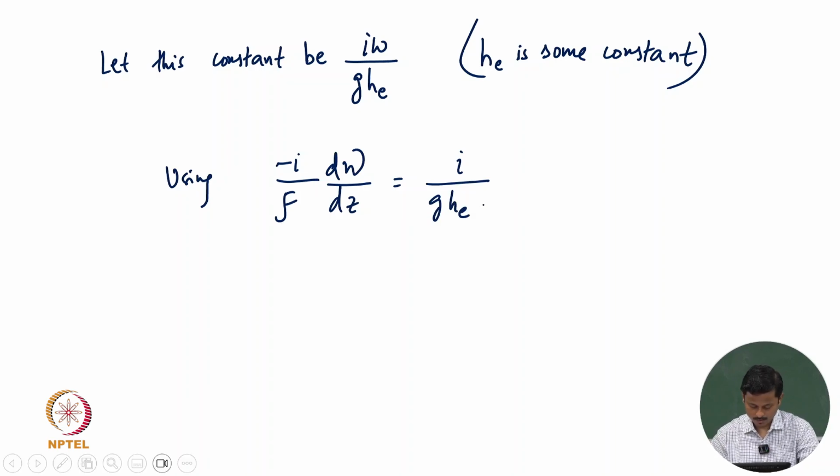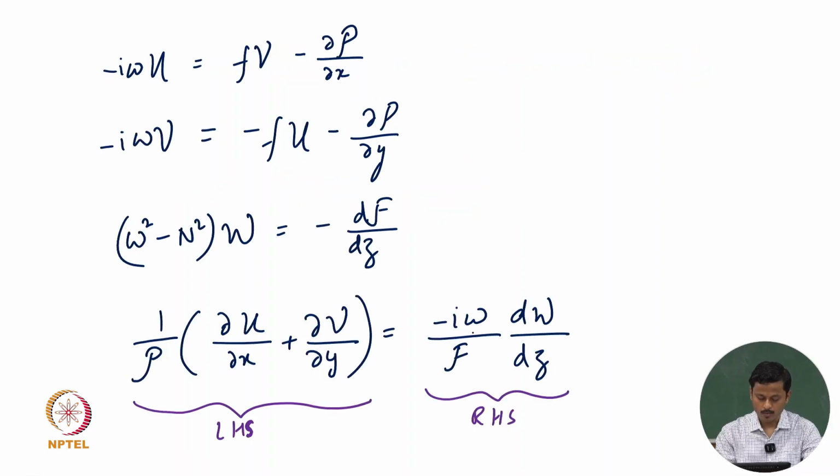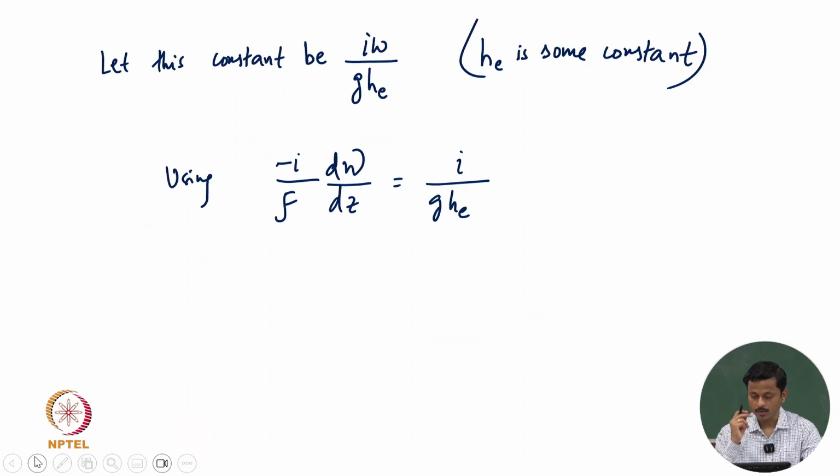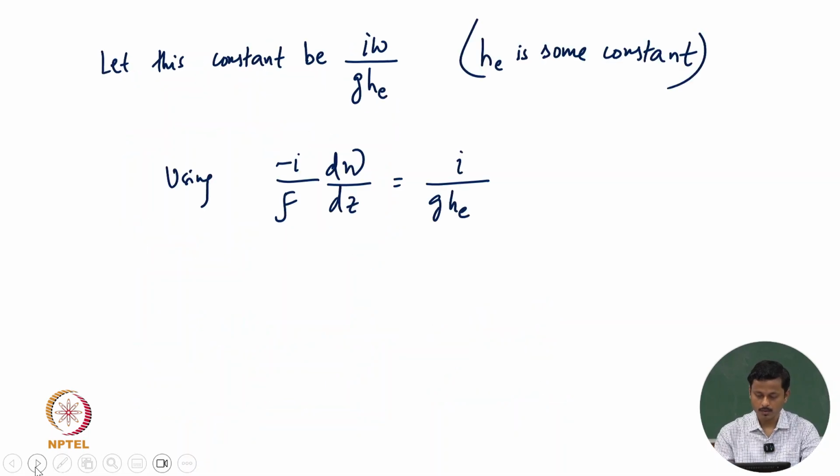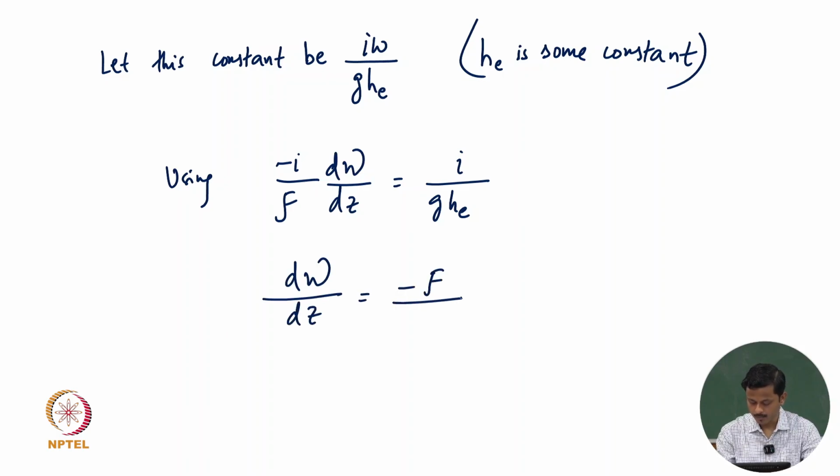Given that we can cancel omega from both places, and we have assumed the constant for both these terms, we are equating the right hand side to this constant term. This means dw by dz is equal to minus f by g h_e.